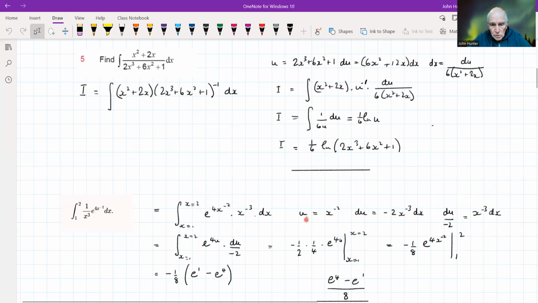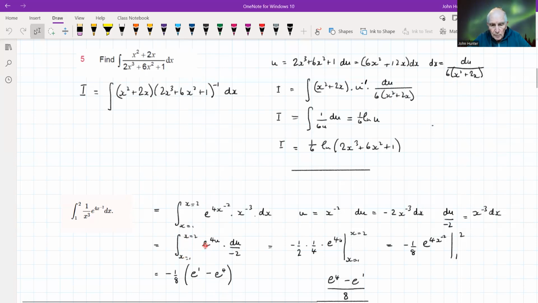So if we do the substitution of u equals x to the power of minus 2, giving us du equals minus 2x to the power of minus 3 dx. And what I've done here is, because I've got this x to the power of minus 3 dx here, I've isolated that, equated it to du over minus 2. So when I come to do my substitution, again I've used the x limits explicitly.